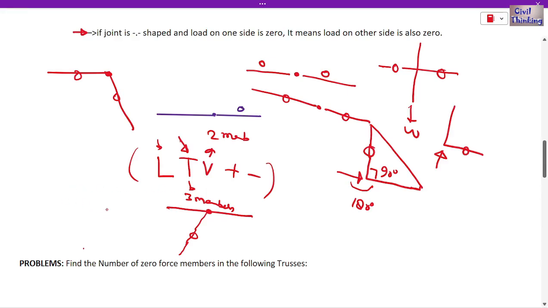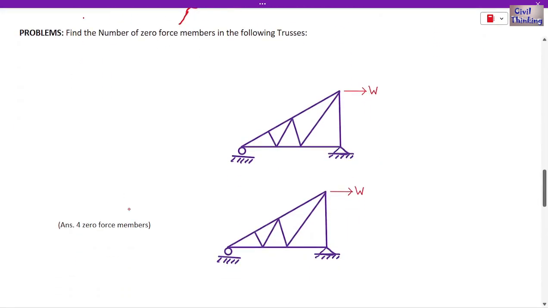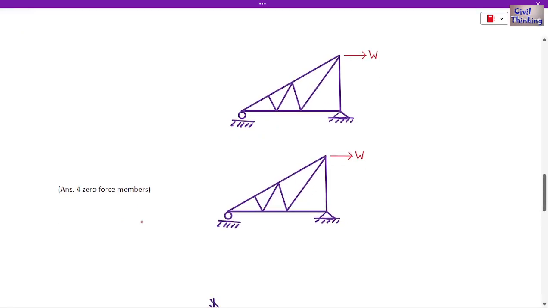Okay, so let us solve some problems on this rule. Now this truss has four zero force members. Let us find how. Look at this: these two members are collinear, this and this, and this is another member.